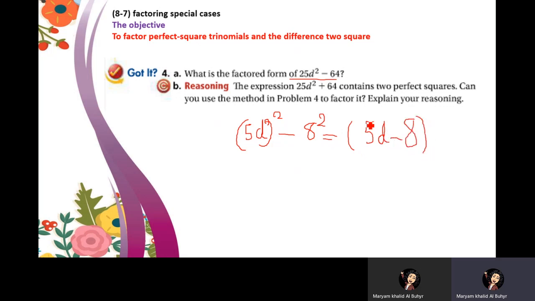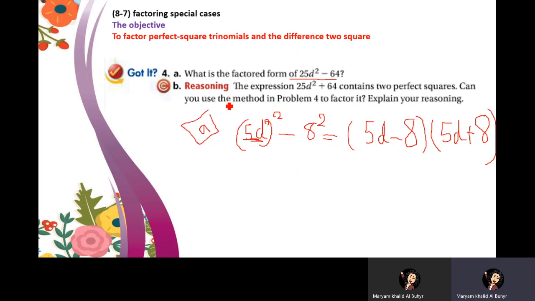Keep in mind, you should not write 25 or 64 like that. No, you will write the base. So just write the bases, 5d plus 8. All right, this is the answer for A.